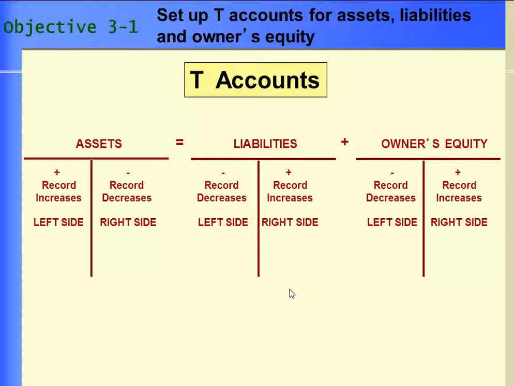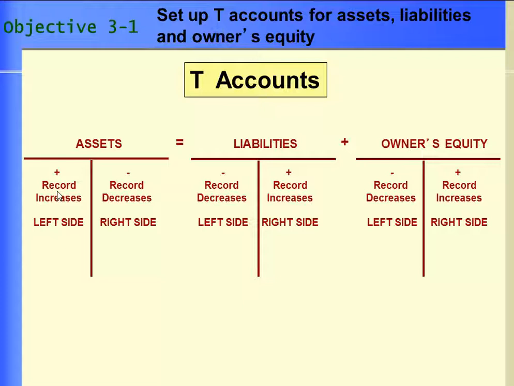So T accounts. This is a really important slide. When we have T accounts, the left side is called a debit, the right side is called a credit. No matter what type of account you have, liability, owner's equity, or assets, debit always means left, credit always means right. More specifically for assets, if we debit an asset, we're increasing it.